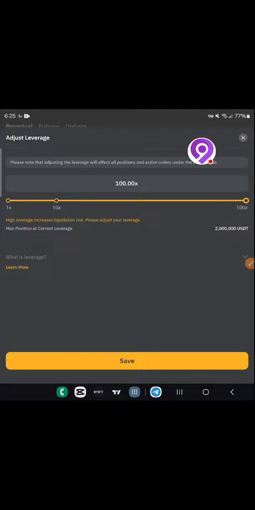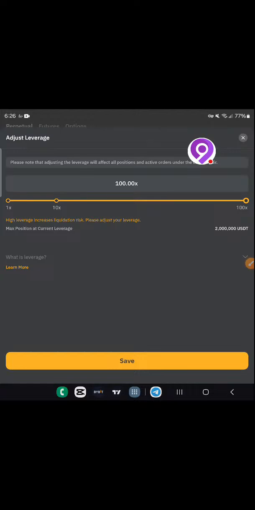Wow, that is ridiculous. Okay, what does that mean? That simply means if you have $100 with BTC, you're going to be given $10,000 to trade if you're using 100x. Okay, so that's a lot of advantage.